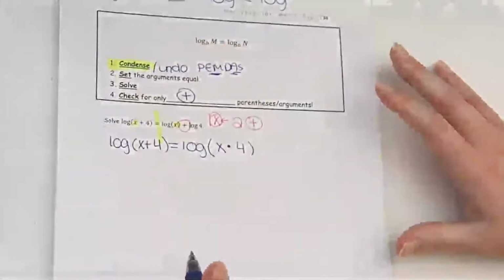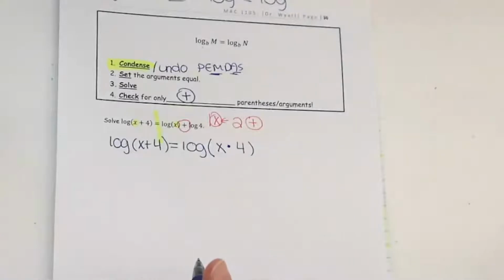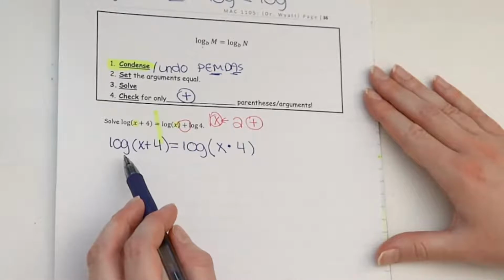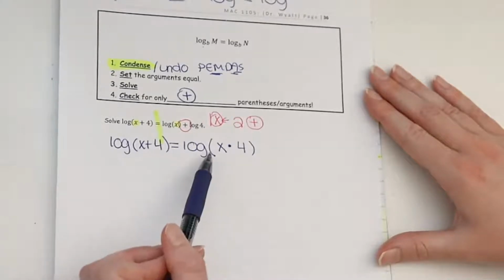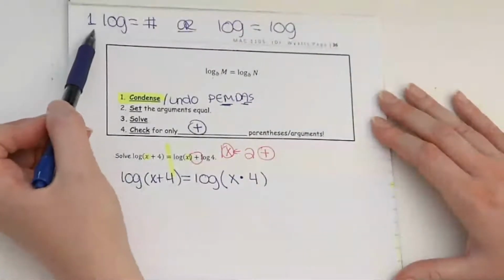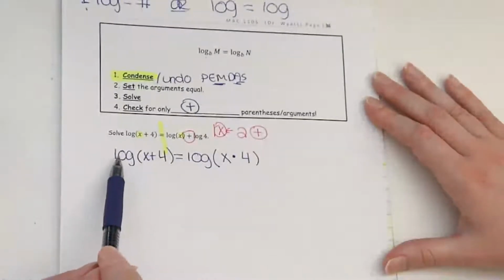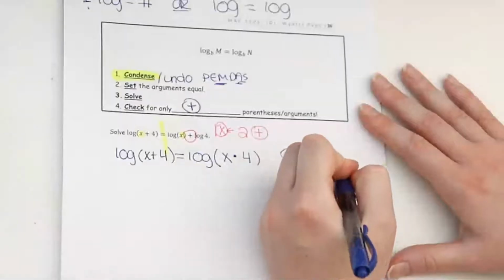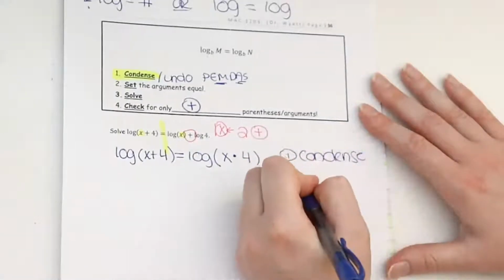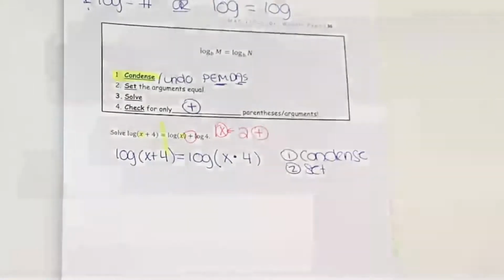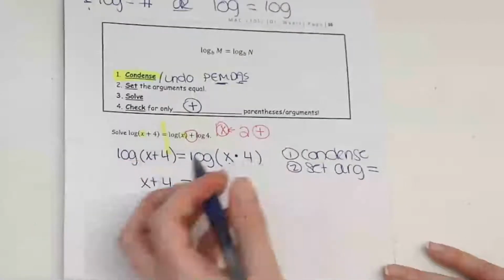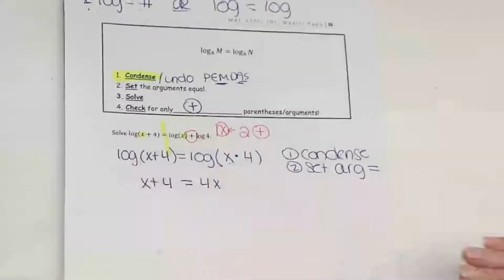You're kind of at that exponent log level where you're trying to figure out, how do I get rid of the log? Now, we're not going to do the raise equal to because we don't have a single logarithm. Here, we look at this and we say, okay, we have a log and a log, so those arguments can be set equal to each other. So we condense, and then because of this structure, we're going to set the arguments equal, and then the x times 4 just becomes 4x.